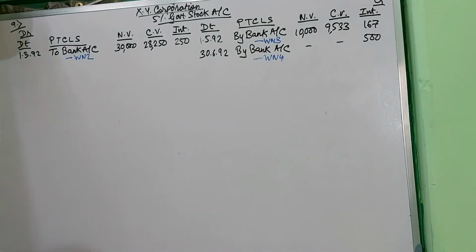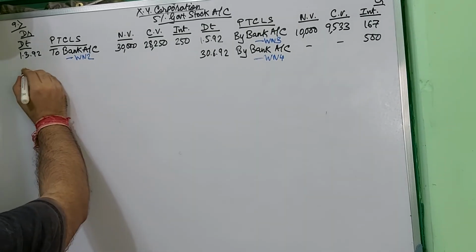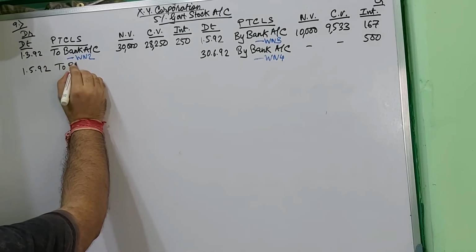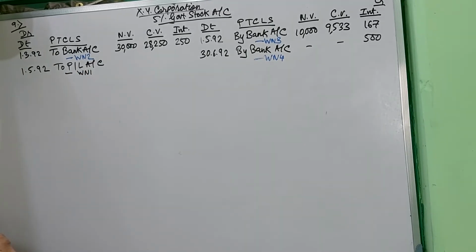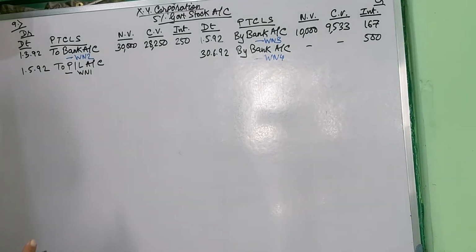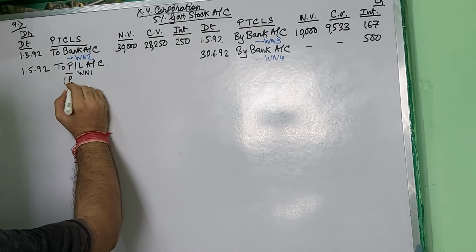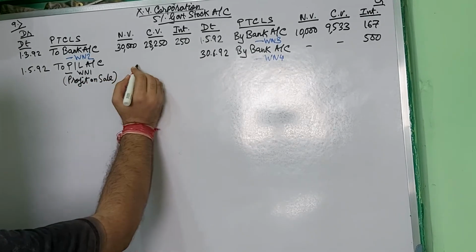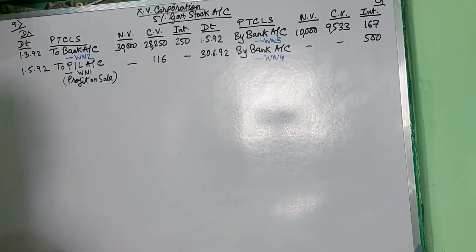And there has been a profit on 1st of May 92 to PL account, working note 1, which is profit on sale, 160, right?